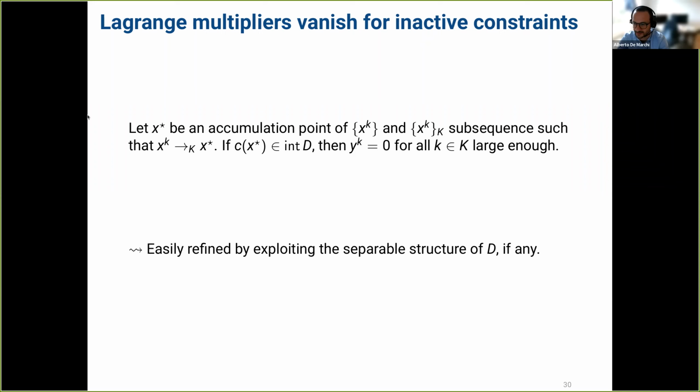Yeah, I have to admit I don't follow you. Are you talking about this slide here? Yeah, this one. So in this one I am sharing now, it is the Lagrange multipliers when the constraints are inactive, and this is the one where you have this interior of D. Okay, so this one is only when it's inactive.